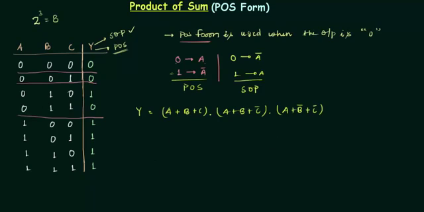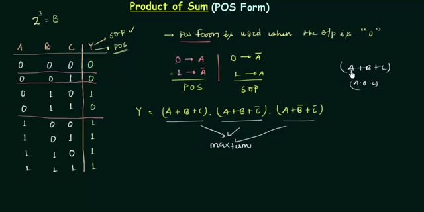Now these three we will call the max terms, and in case of SOP form we had the min terms. We call them max term or min term because of their size. If you write A or B or C, and if you write A and B and C, you can see their size.